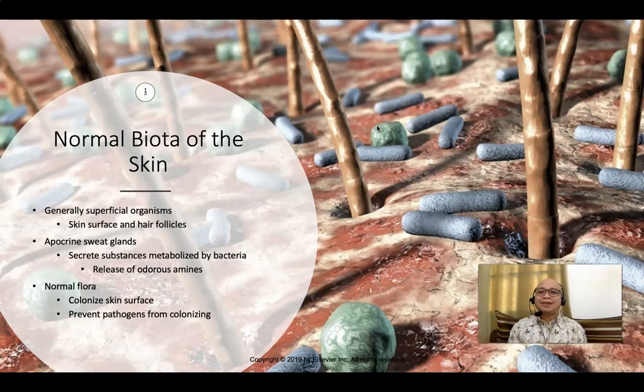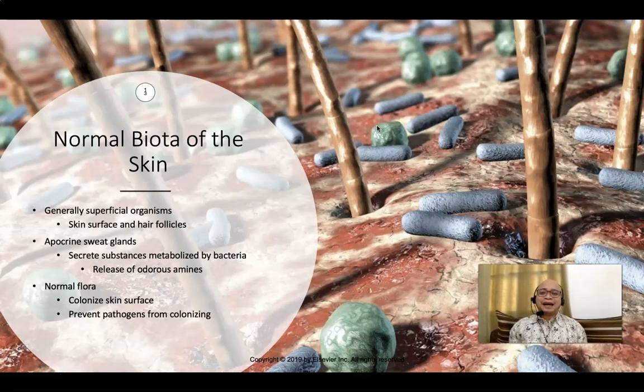Normal microbiota or normal flora would colonize the skin surface. As much as possible, I will be avoiding saying normal flora, but actually I got this PowerPoint from Mayhon. It prevents pathogens from colonizing. This is very important.